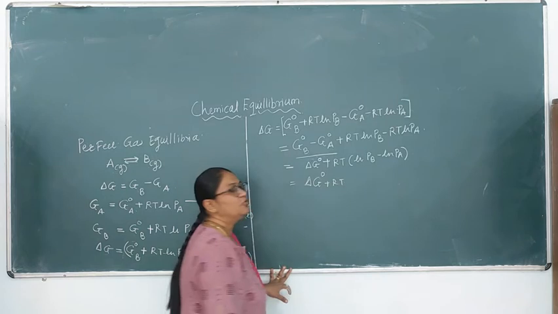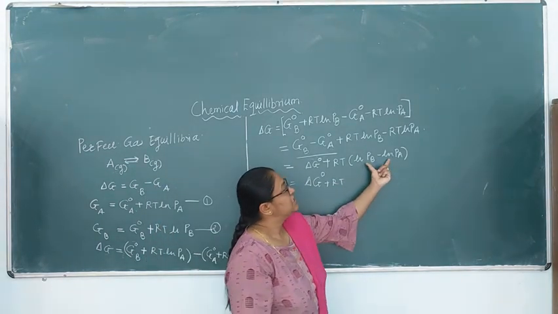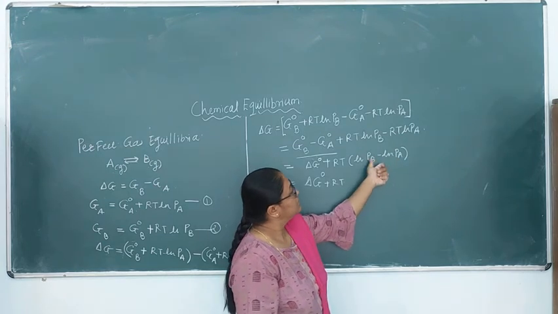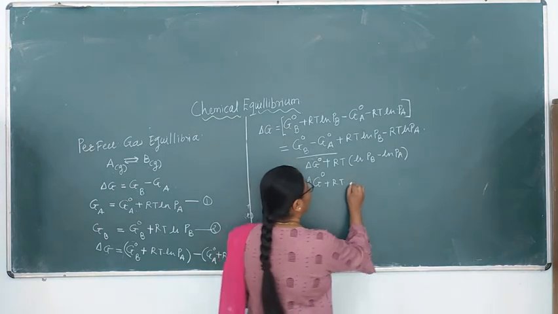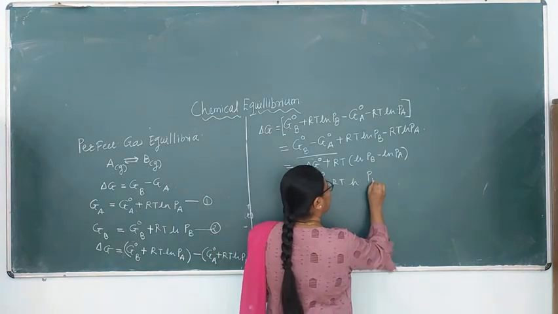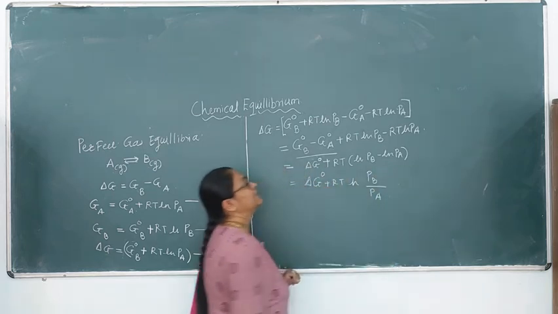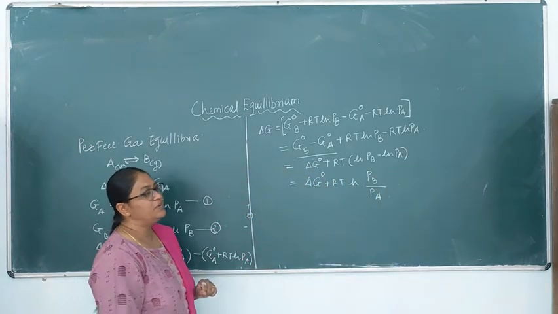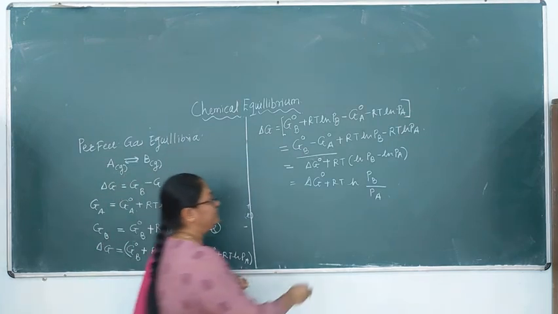Now, according to the rule of logarithms, there is a subtraction of two logarithmic terms, so we can write them as a quotient: delta G0 plus RT ln of PB divided by PA.